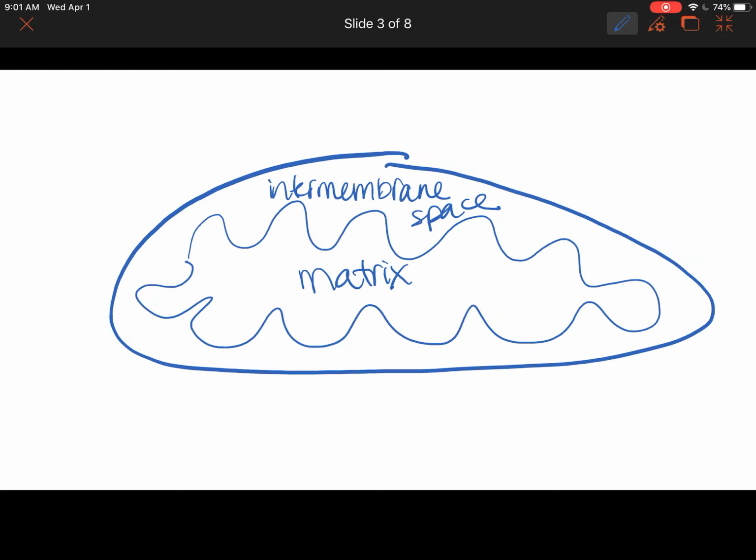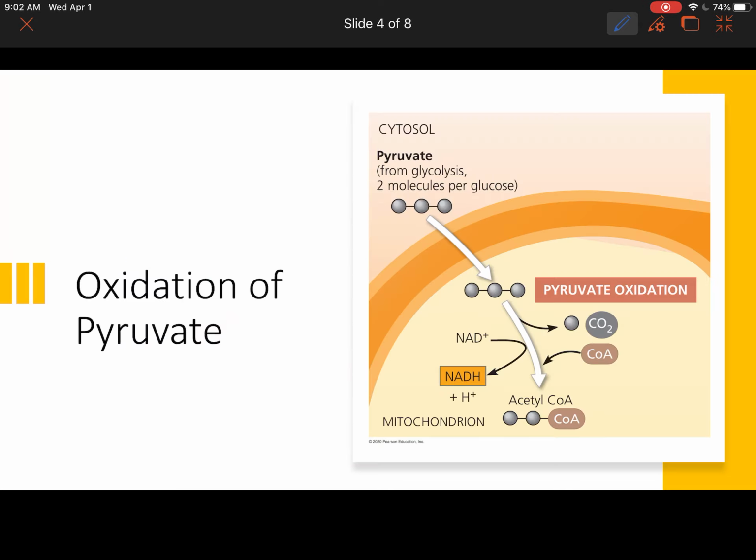Okay, so out here would be the cytosol. So we've got the outer membrane, the inner membrane, the intermembrane space, and the matrix. And remember that both of these membranes are phospholipid bilayers. So everything that you learned about membranes applies to the membranes of the mitochondria as well.